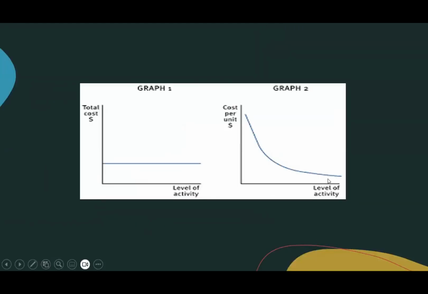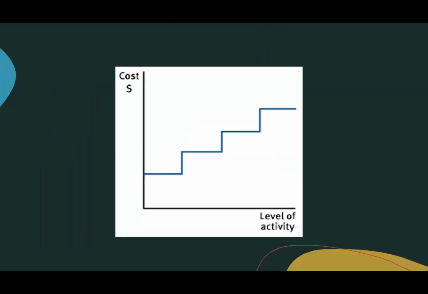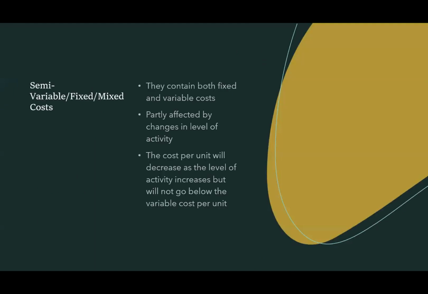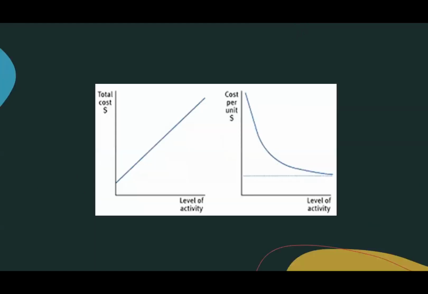The fixed cost per unit is coming down as close to the x-axis as it possibly can. But when we were talking about this semi-variable cost, it will not go closer to the x-axis. It will have a straight line once it has reached or come close to the variable cost per unit.